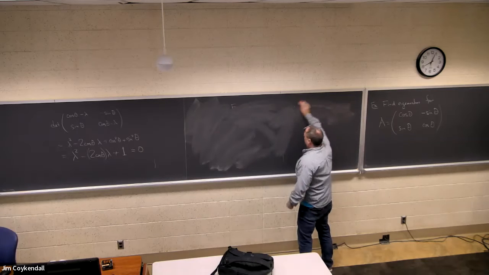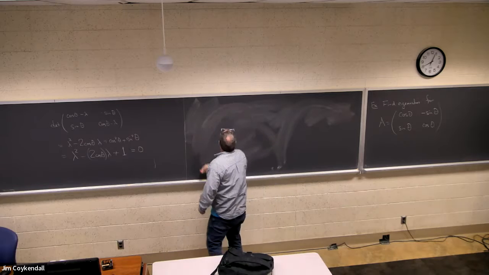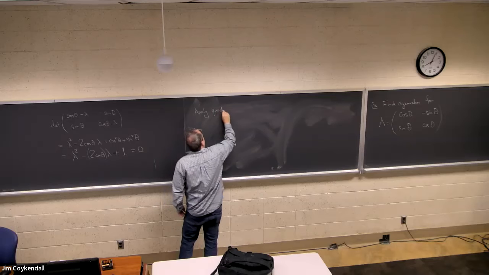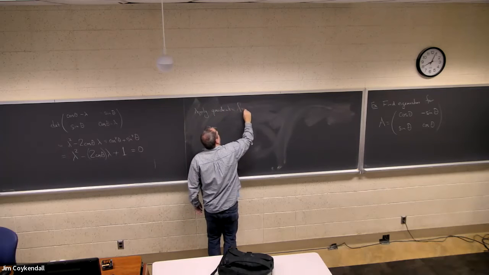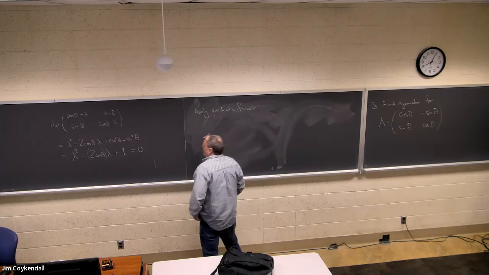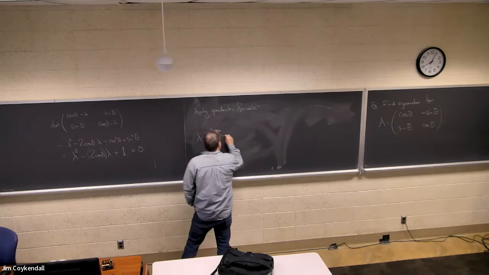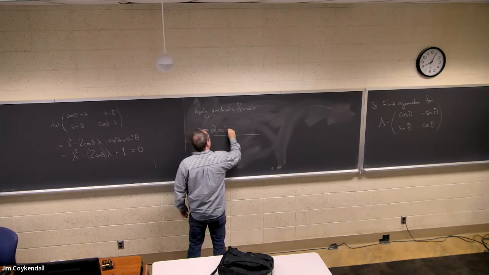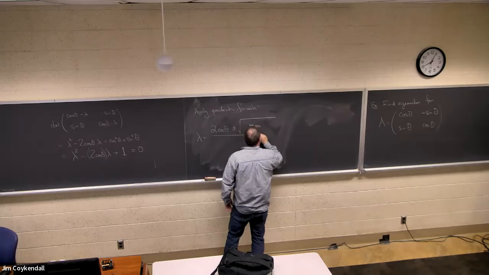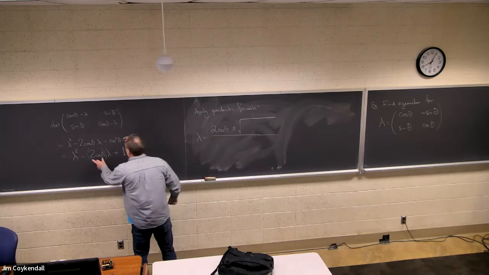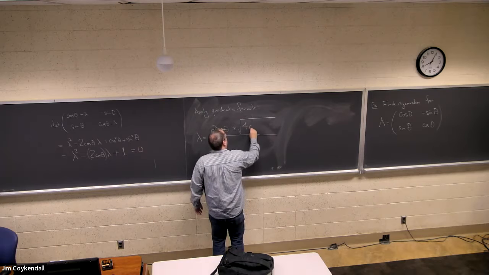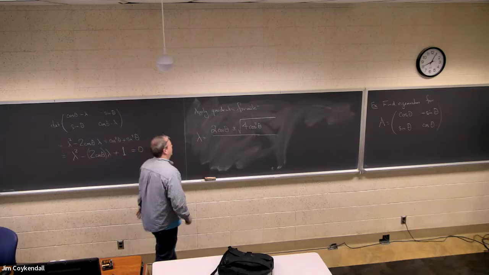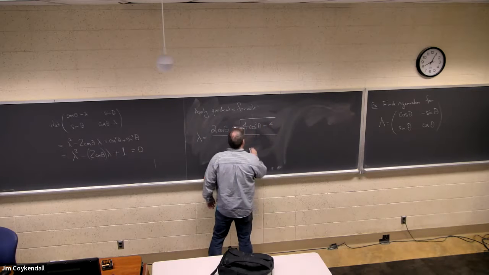So at this juncture, we will apply the quadratic formula to obtain the square root of this squared minus 4 times 1 over 2.